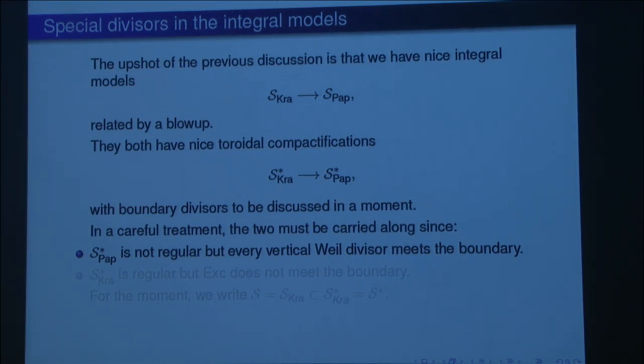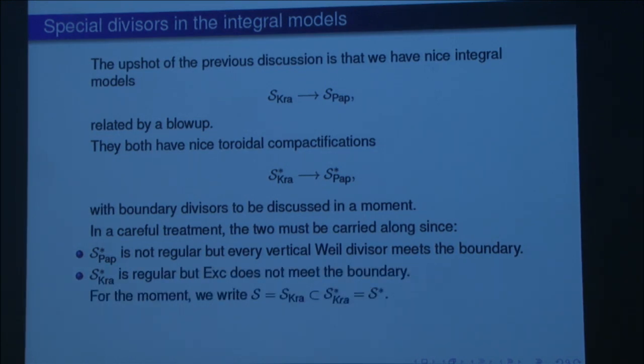And the problem with the Pappas model, or with the Kramer model, is that in this model there are components, vertical fibers, which you cannot detect very easily on the generic fiber. And we need to control those. On the other hand, this guy doesn't have that disadvantage. There you can have a better grip on things. So we carry them both along.